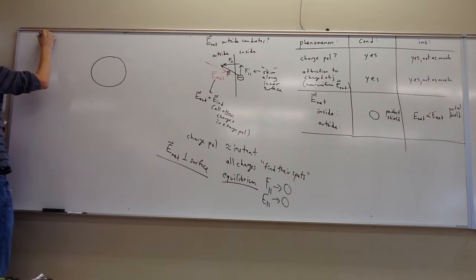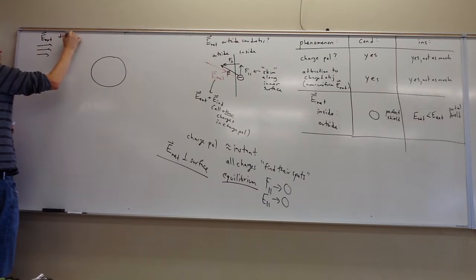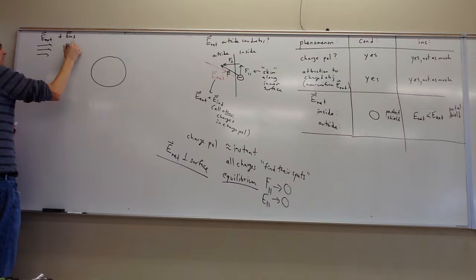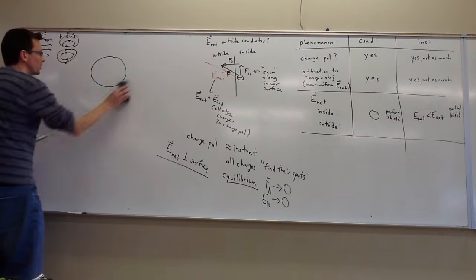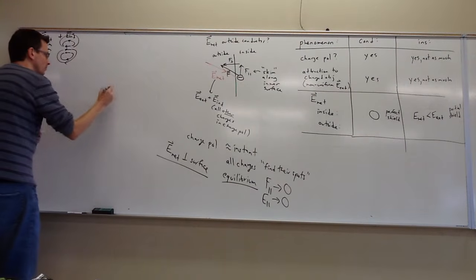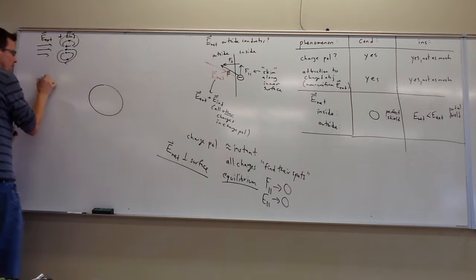So it's going to be E external, which is uniform, plus E induced, which is all this crazy stuff, this dipole thing, etc. I'm just going to tell you that the sum of that, I didn't leave myself enough room, let me move this a little bit down. Here is what the net result is.